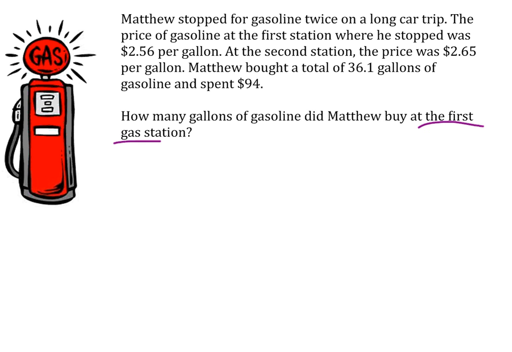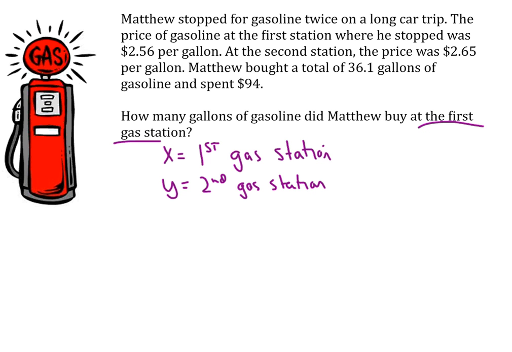First gas station. Okay, so here's what we've got. Two variables. We'll call the first gas station x, and we'll call y the second one. Now there's two pieces to this.